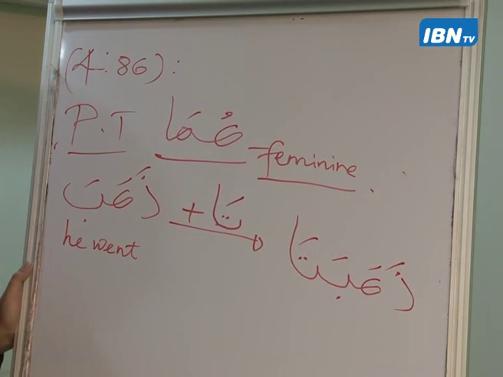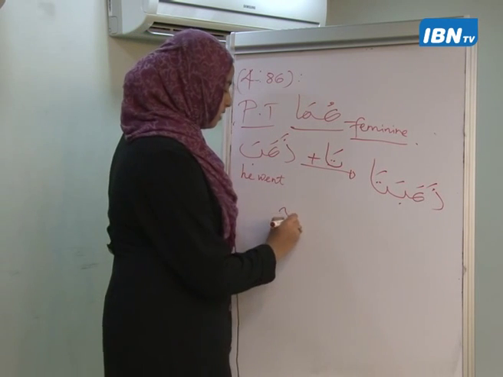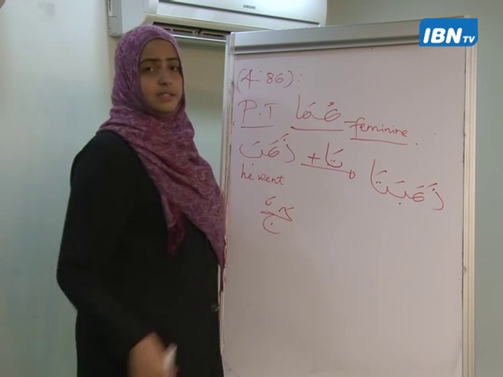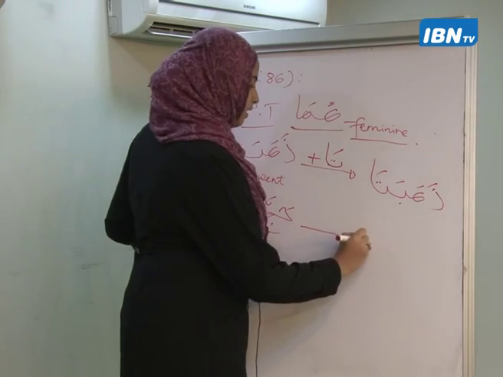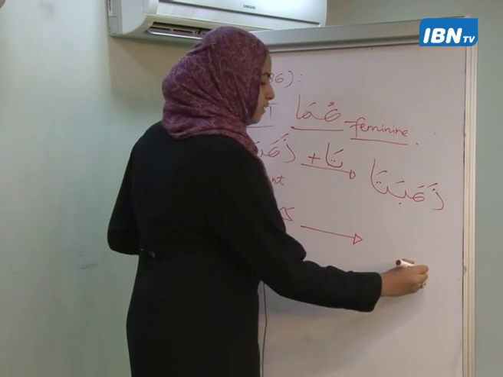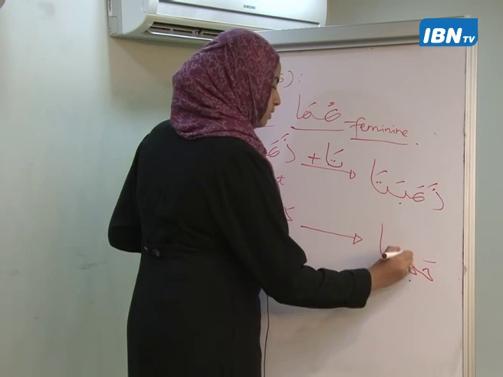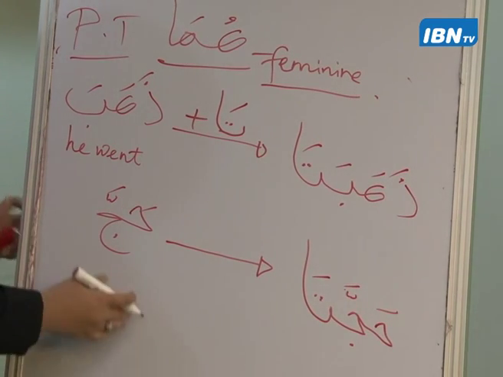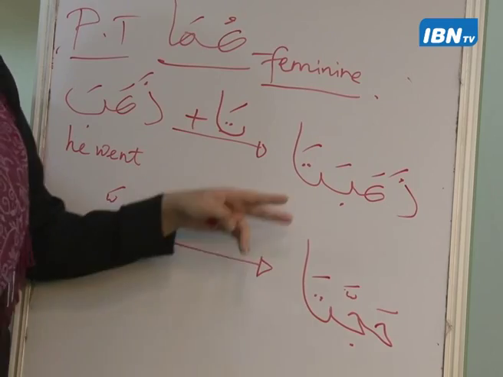You see, dhahabata. What if I have the word hajja, okay? So if I try to change this verb hajja, it's going to become hajjata. No special cases here. So hajjata means they two female performed hajj.